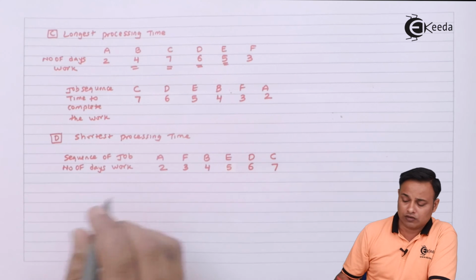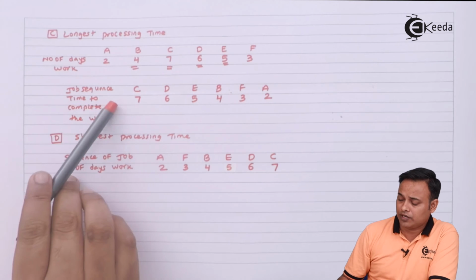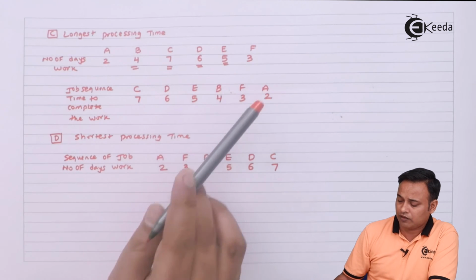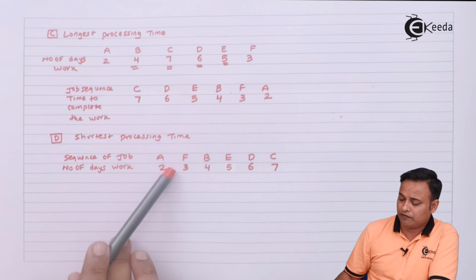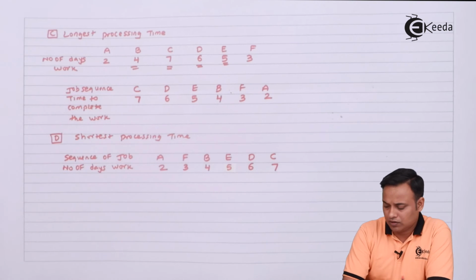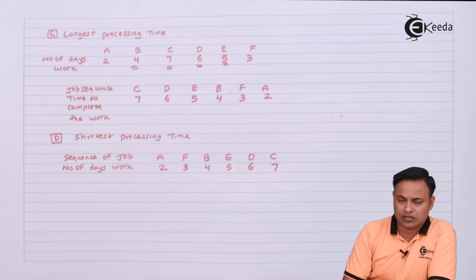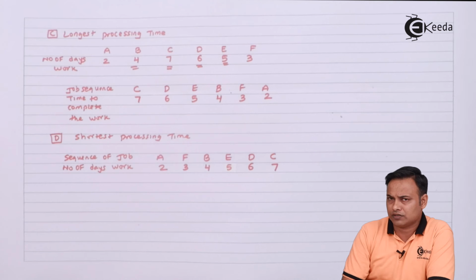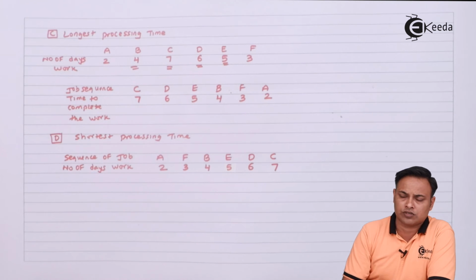Seven. So you can see the sequence is exactly the reverse of C, D, E, B, F, A. Here we have A, F, B, E, D and C. So this is the method of deciding the sequence based on the shortest processing time.